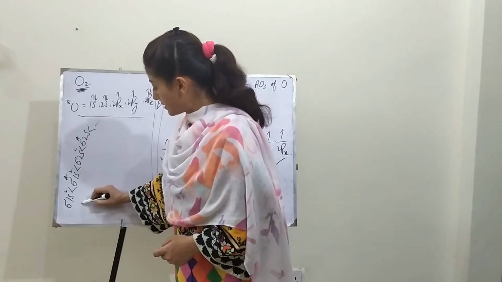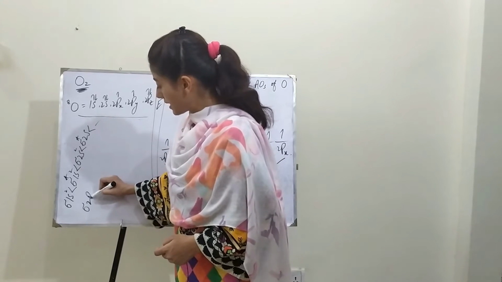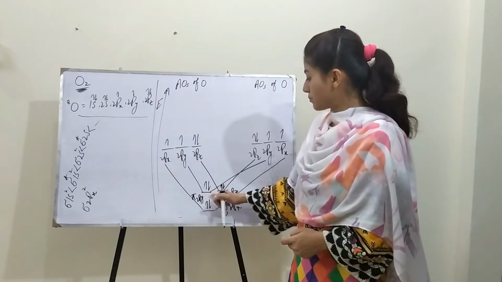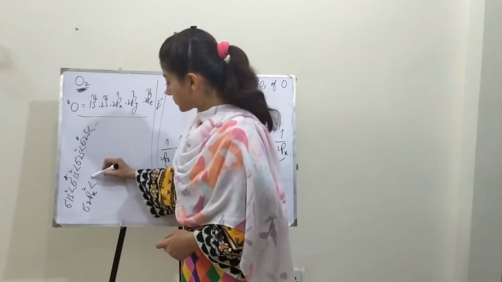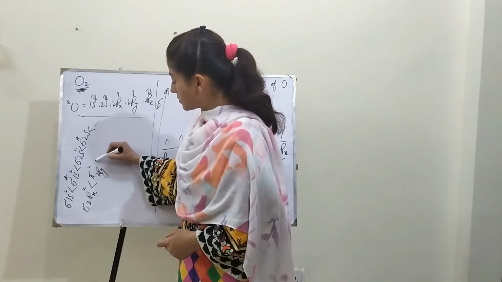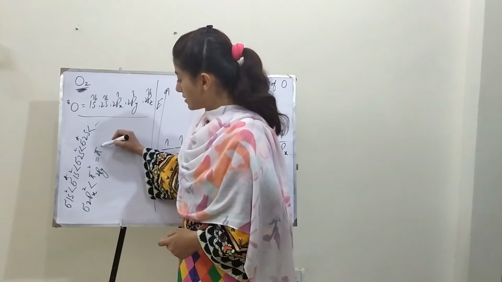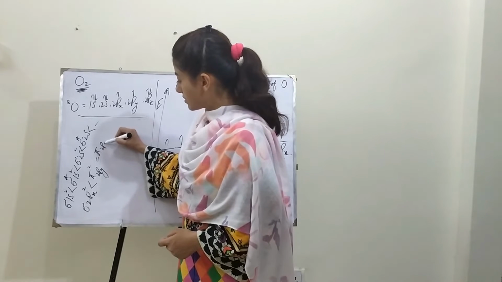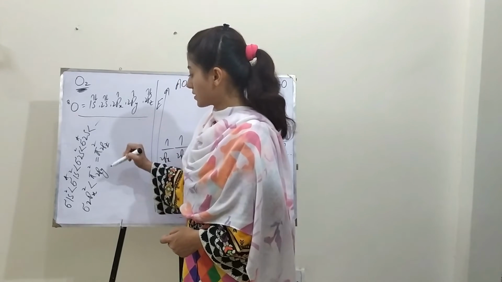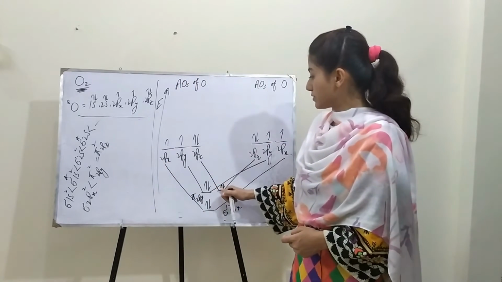So here it is sigma 2px. It is also filled with 2 electrons, then pi 2py, that is at equal energy level as compared to the pi 2pz. It is also filled with 2 electrons over here.